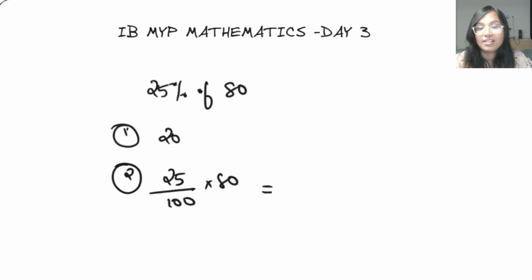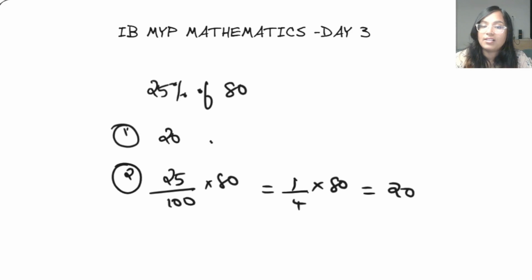So it means 1 by 4 of 80 is equal to 20. Both students write the same answer, right? But which answer helps us to think how to get the answer? Student 2, right? Why? Because student 2 explained the process. They communicated their reasoning. And this is exactly what IB mathematics values.